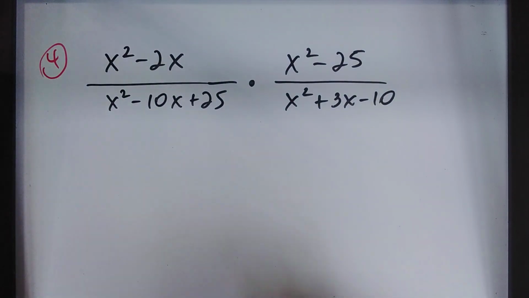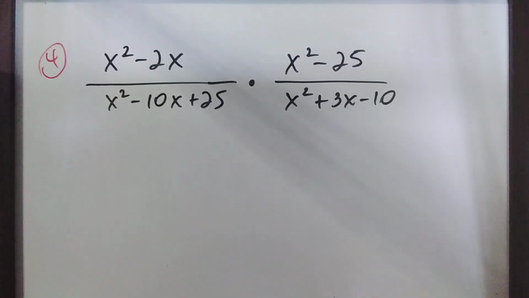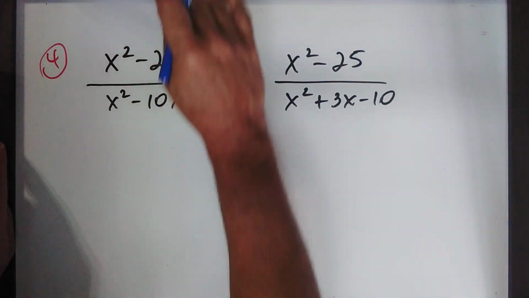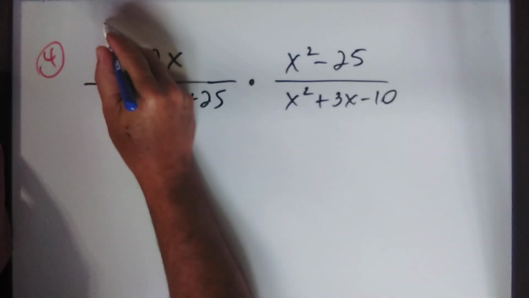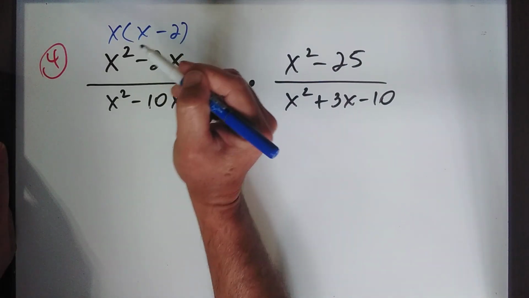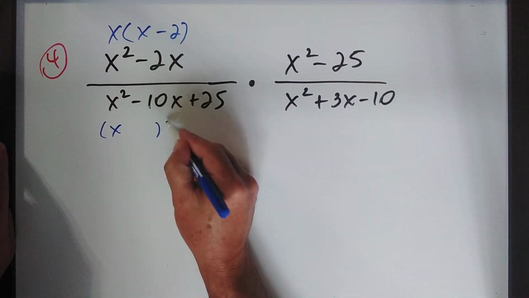Okay, so let's try to do that one now. I'm going to try to factor everything here. This one, GCF, what is the common factor? X, so it will be x, parentheses, x minus 2. Down here, that is the easy trinomials.